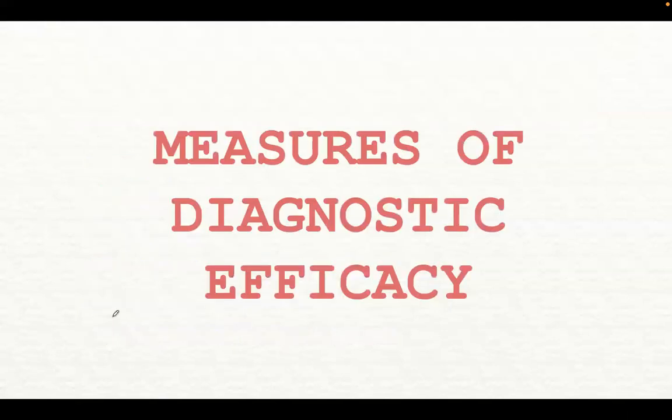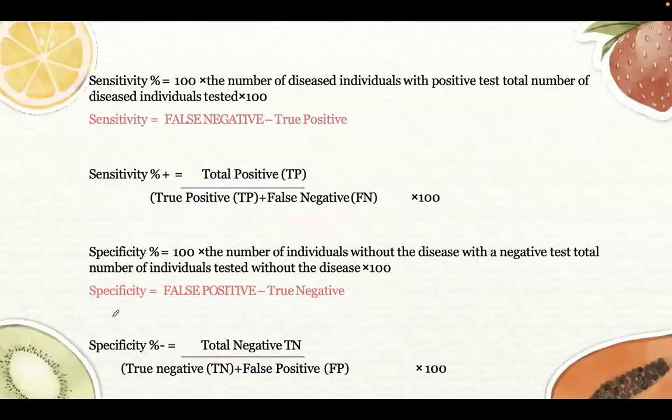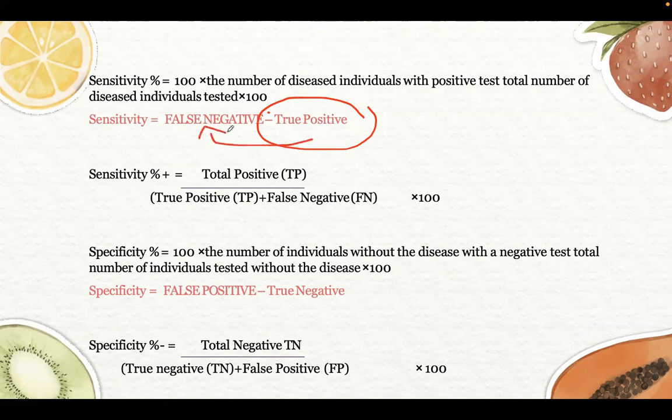Next, the measures of your diagnostic efficacy. Sensitivity is always expressed as a percentage, 100 times the number of diseased individuals with a positive test over the total number of diseased individuals tested. For sensitivity, the goal is to know the true positives, who in the population truly possess the characteristic, so as to avoid detecting false negatives.